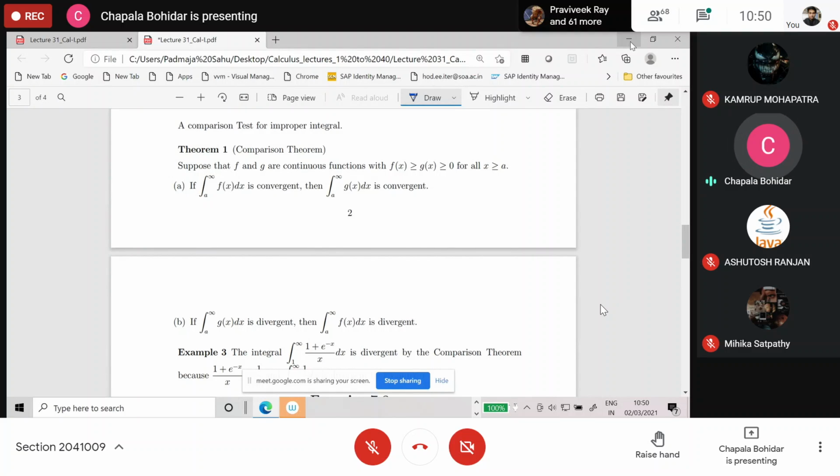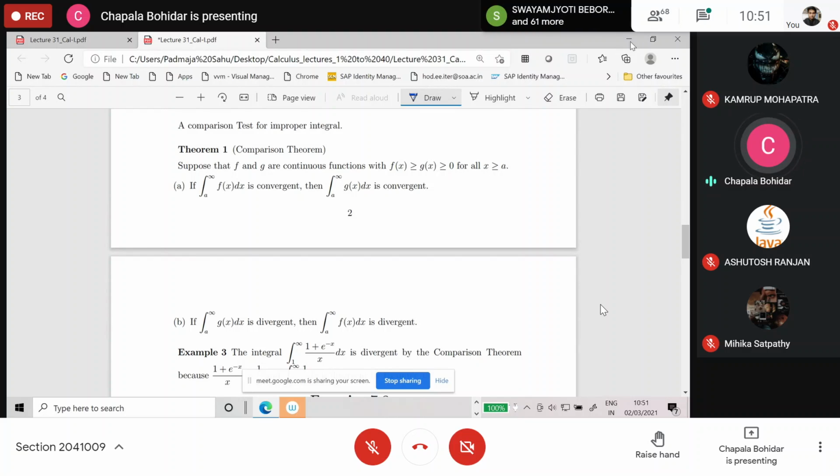The integral from 1 to infinity of (1 plus e to the power minus x) by x dx is divergent by comparison theorem. What will we do here?